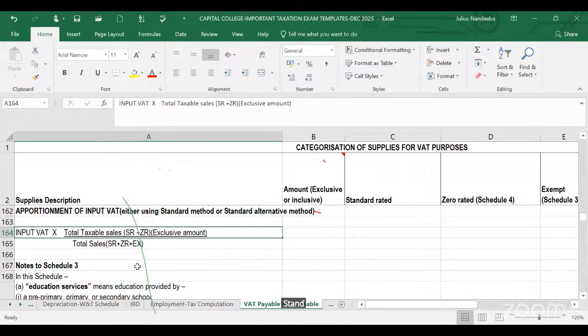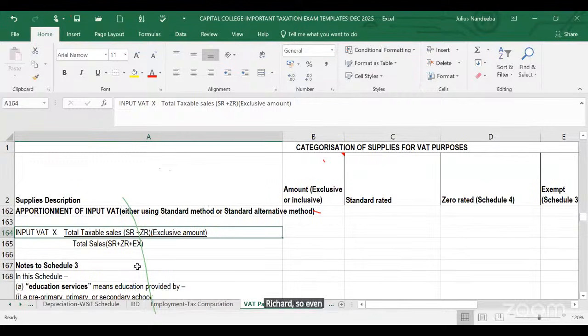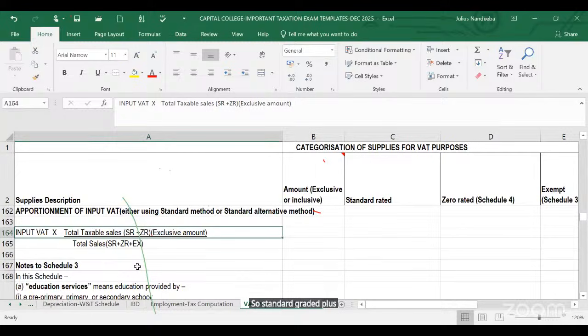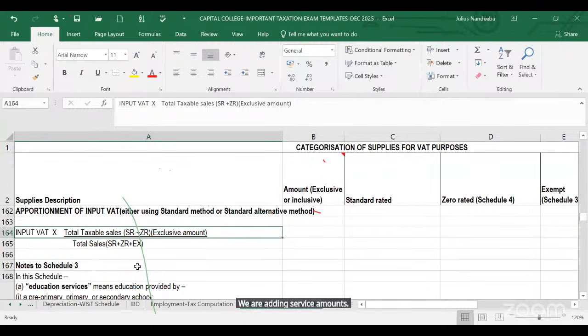Remember, deemed VAT at that point is also taken to be standard rated, so even deemed VAT are taxable supplies because we are looking at taxable supplies. So the numerator is a combination of all taxable supplies: standard rated plus zero rated, and if you have any elements of deemed VAT, you also add them in the sales figure. We are adding sales amounts and we are adding them when they are exclusive.